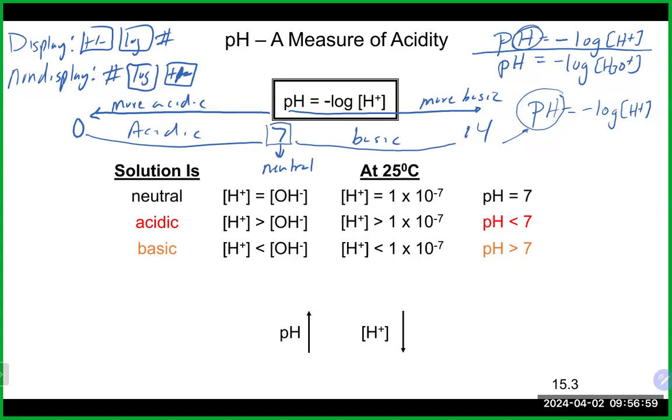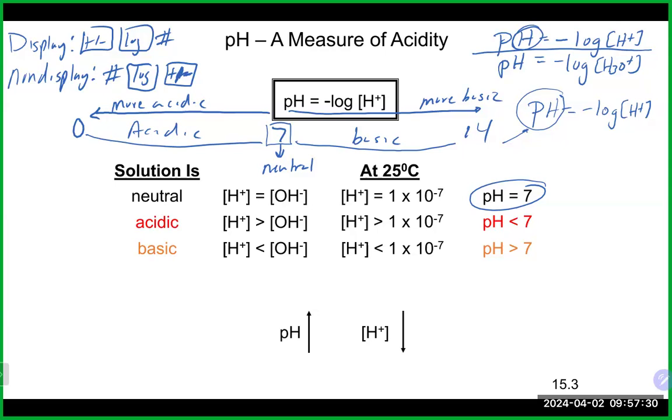Again, if the solution is neutral, as we talked about, the H plus concentration will equal the OH minus concentration, which means that if you have an H plus concentration of 1 times 10 to the minus 7, that again should yield you a pH of 7, which is why we're going to consider neutral to be exactly 7 in this case. If we have a greater H plus concentration, we'll have a lower OH minus concentration, and we actually will get a lower pH value.